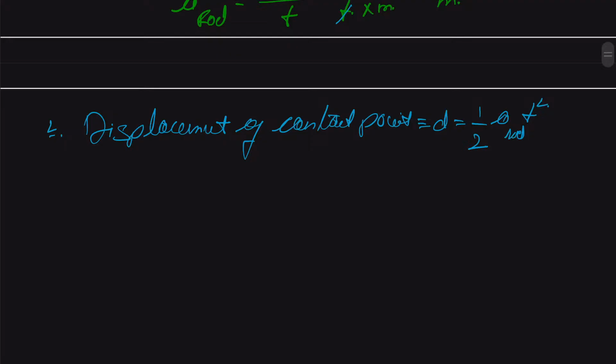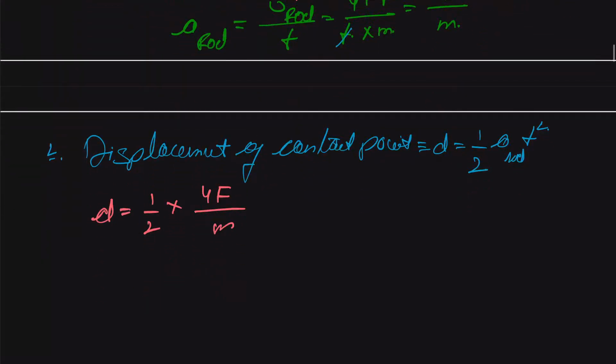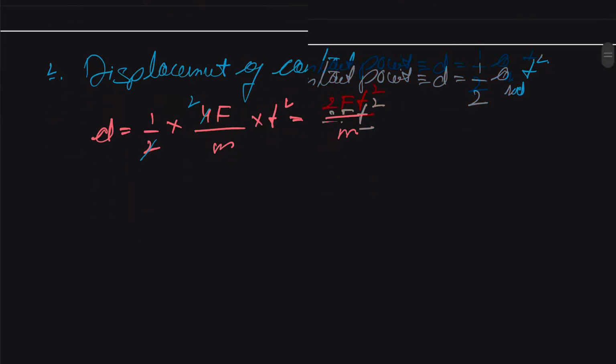And therefore we substitute the value of the acceleration of the rod, so we get displacement is equal to one half, and we have this 4F by m, multiplied by t square, and this 4 goes by 2, so we get this as 2F t square upon m. So this is our displacement, and now we can easily find out our work done.